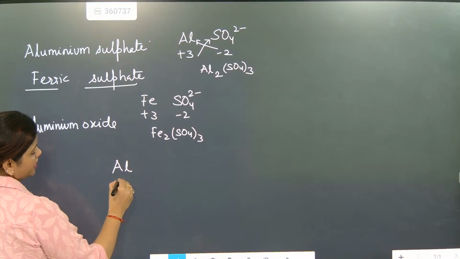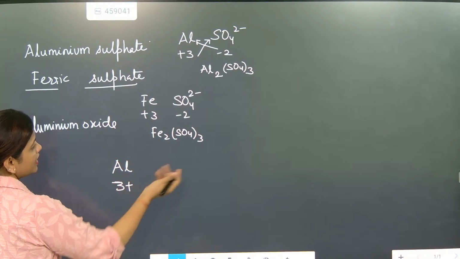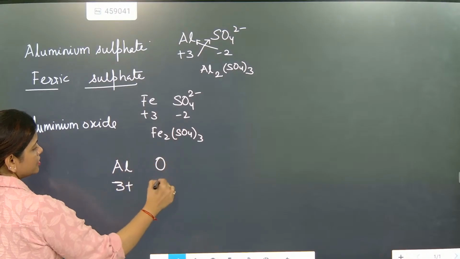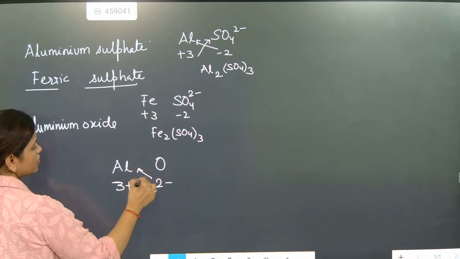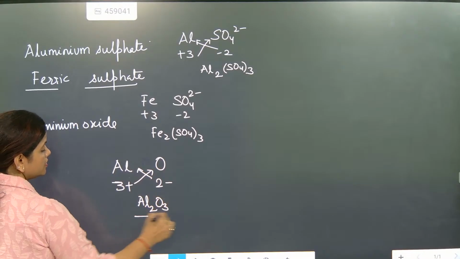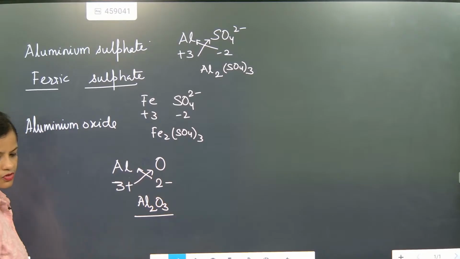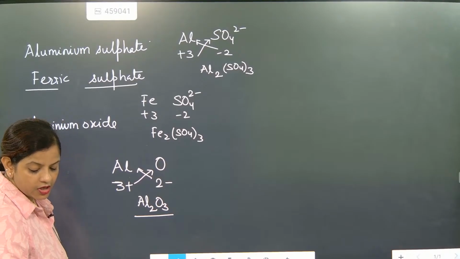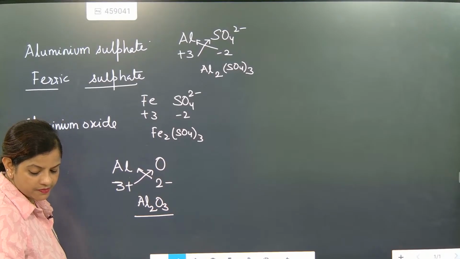Aluminium is 3 plus. I am writing plus here, now you write plus there. Oxygen is 2 minus. So crisscross is coming, and it will become Al2O3. This is aluminium oxide. Some books write the name in front, some at the back. So you just write it at the back. Aluminium oxide.